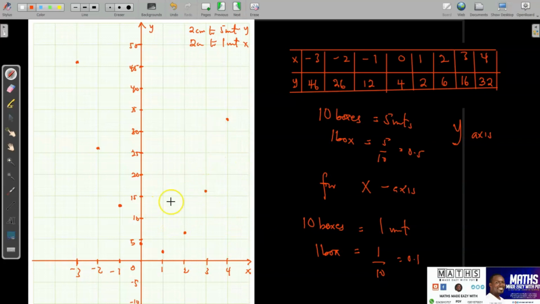So this is the point. This point, as you can see, is not in a straight line. I hope you agree with me. That is not in a straight line. Are we all here? Yes, please. But it's in the form of what?